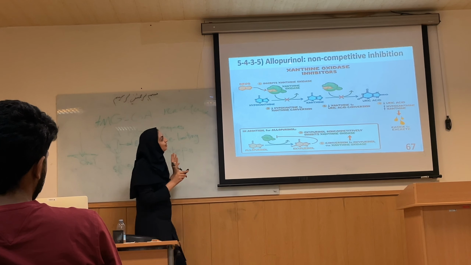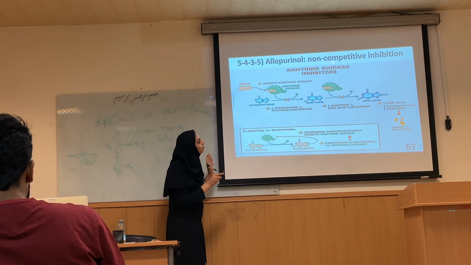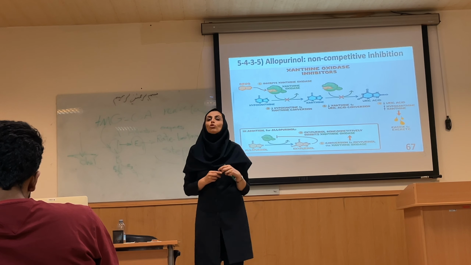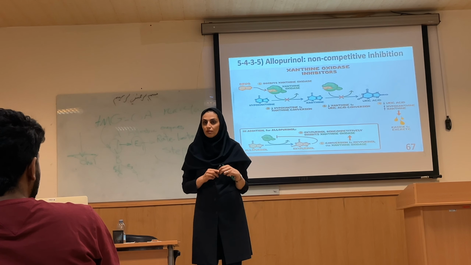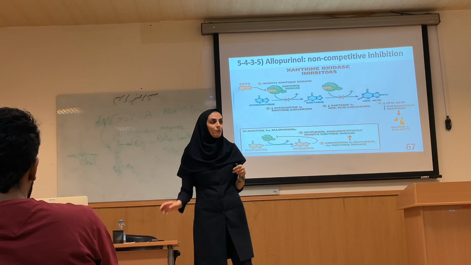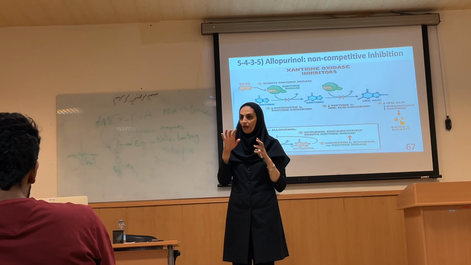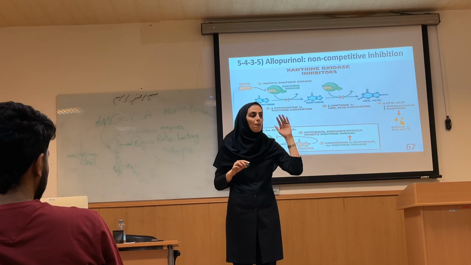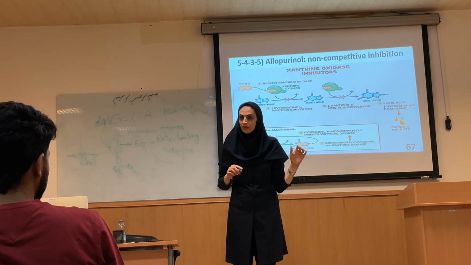Now I want to tell you about non-competitive inhibition. Have you ever heard about gout? In Iran, we have people who are very rich and use a lot of red meat.